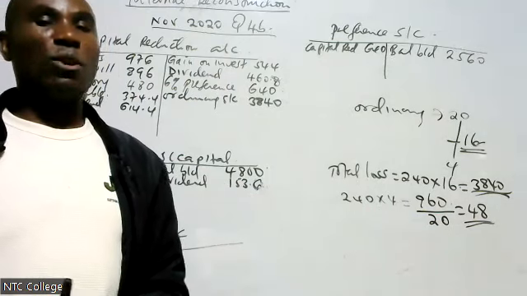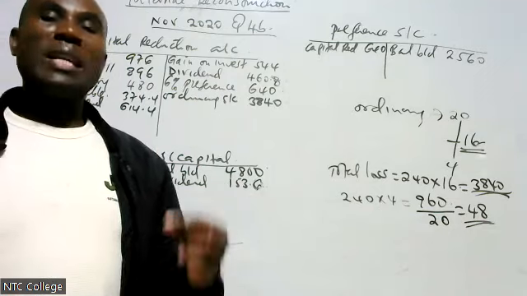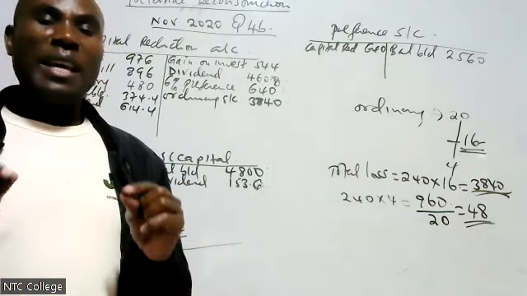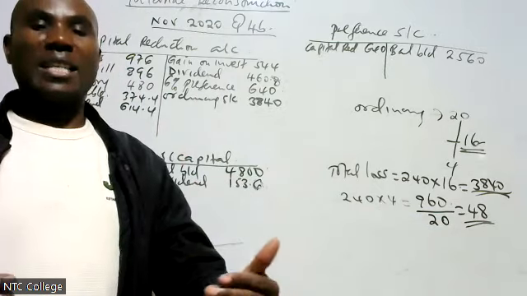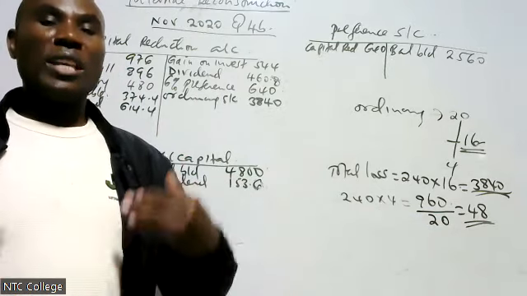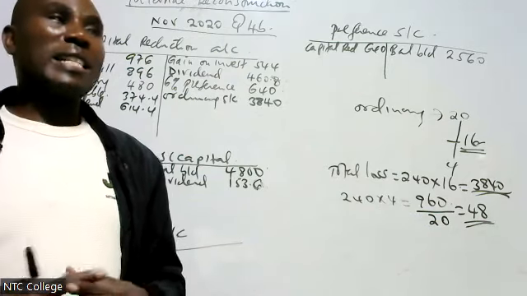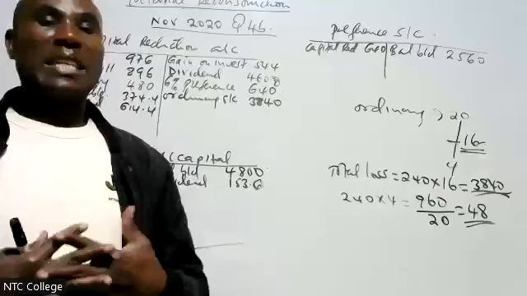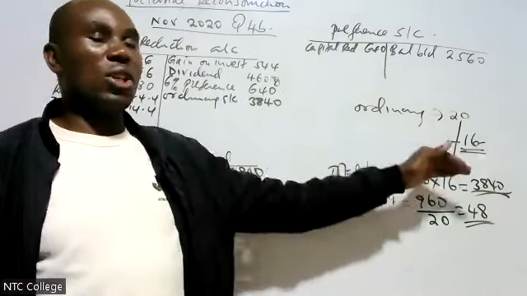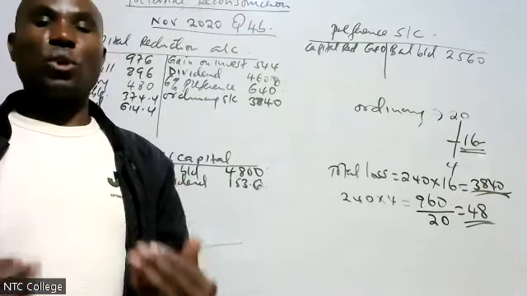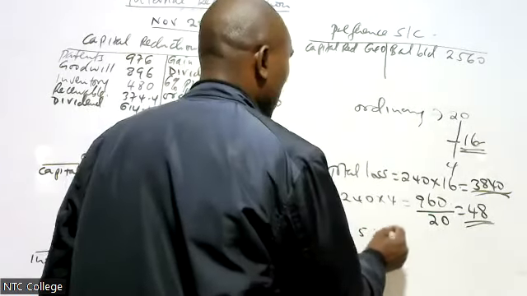Listen very carefully, because I will not repeat. That 48 will only affect us if we are going to issue other shares. For example, the examiner may tell us that after the reduction and consolidation, we again issued shares, for every 5 shares you get 4.